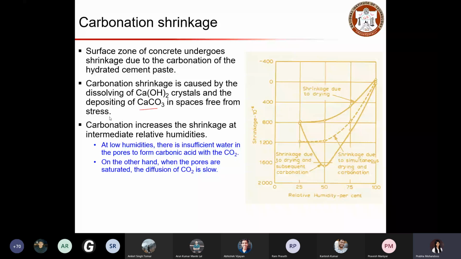All right. Now you have to see that carbonation will not occur at all times. Basically, that depends on the relative humidity of your atmospheric condition. The carbonation increases the shrinkage at intermediate relative humidities. That means when you have low relative humidity or higher relative humidity, you will not observe any significant carbonation.